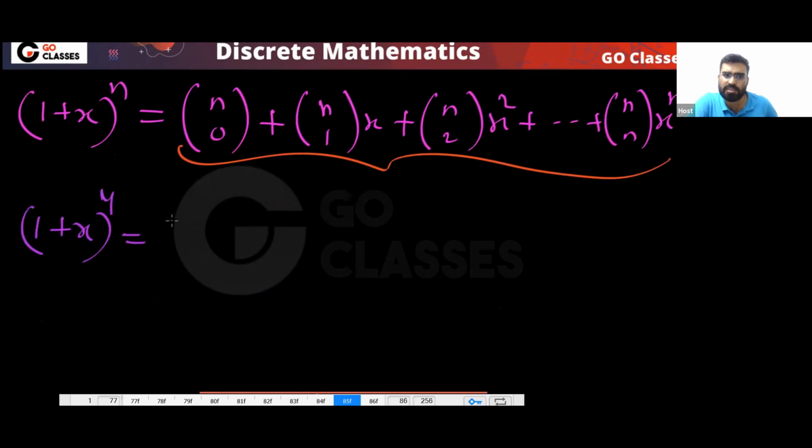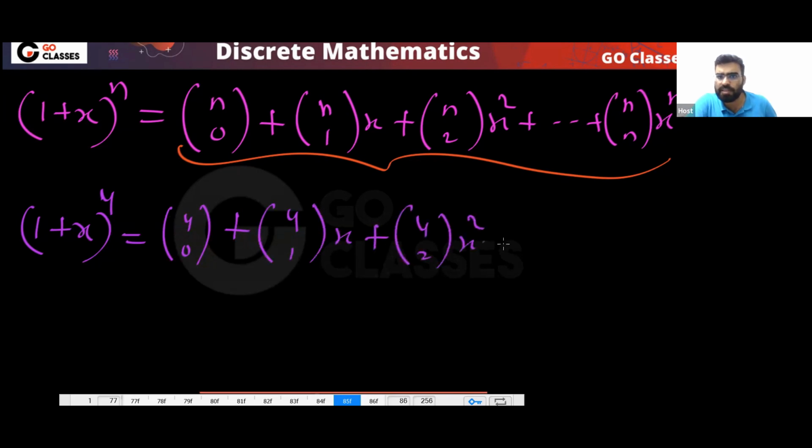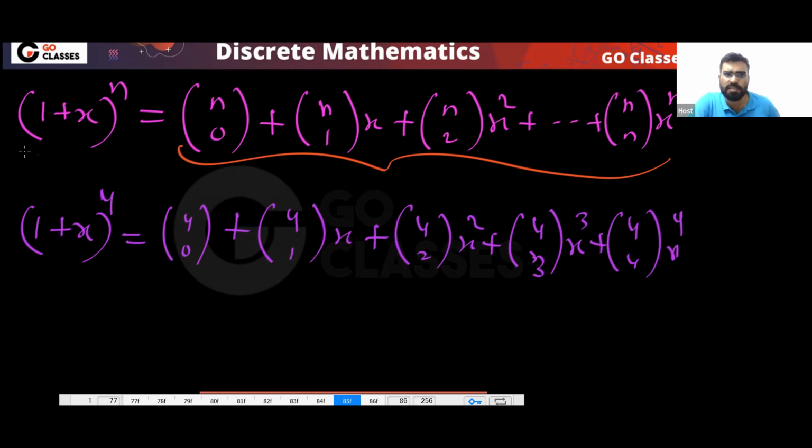Take (1 + x) power 4. That is 4C0 times x power 0, and x power 0 is 1. So I can say 4C1 x plus 4C2 x squared plus 4C3 x cubed plus 4C4 x power 4. Yes or no? So this is the binomial theorem. For (1 + x) power n, like (1 + x) power 4, we go from 4C0 to 4C4, finally x power 4.